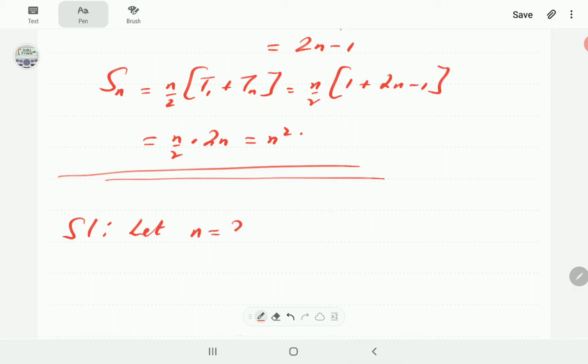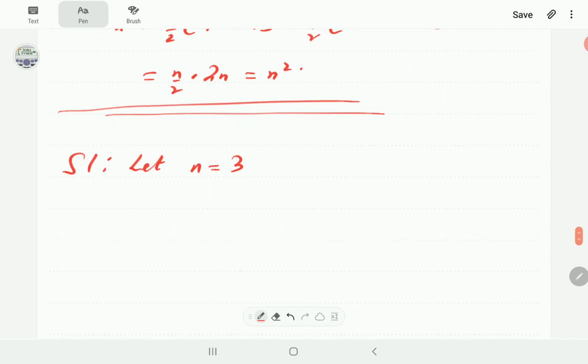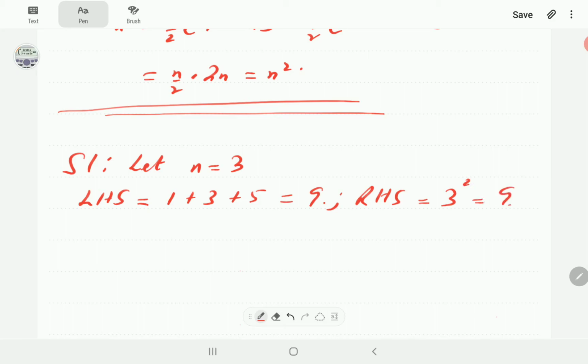So let's work with n equals 3 in step 1. On the left hand side we're going to have 3 terms, 1 plus 3 plus 5, so this is going to be 9. On the right hand side we're just going to have 3 squared, which is 9.